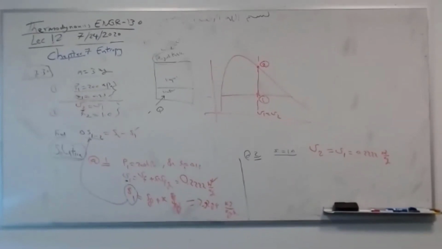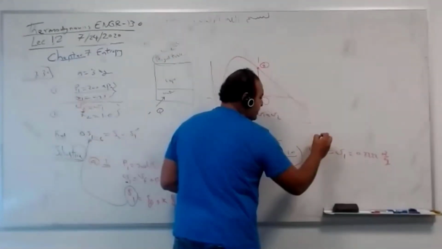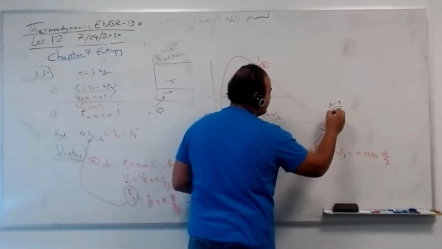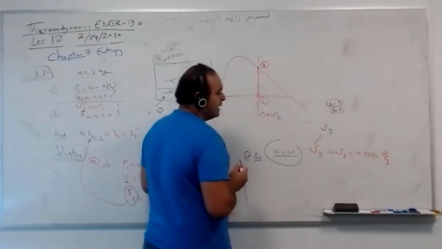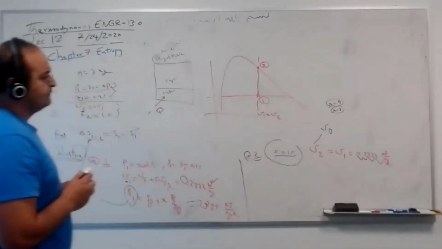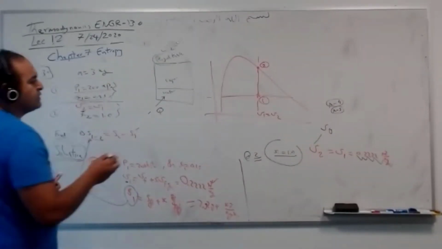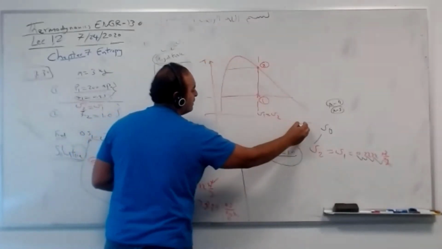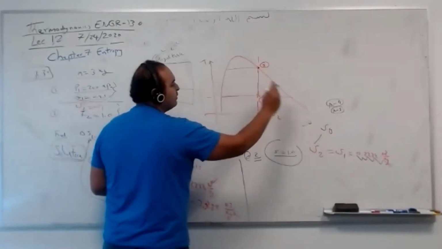Go to the vg because x equals 1. Search for vg, table A4 or A5. Both of them are correct. Look for the best value close to this. You will see a corresponding temperature and pressure. Like, let's say this is a T-v diagram. So this is the point, table A4 or A5.